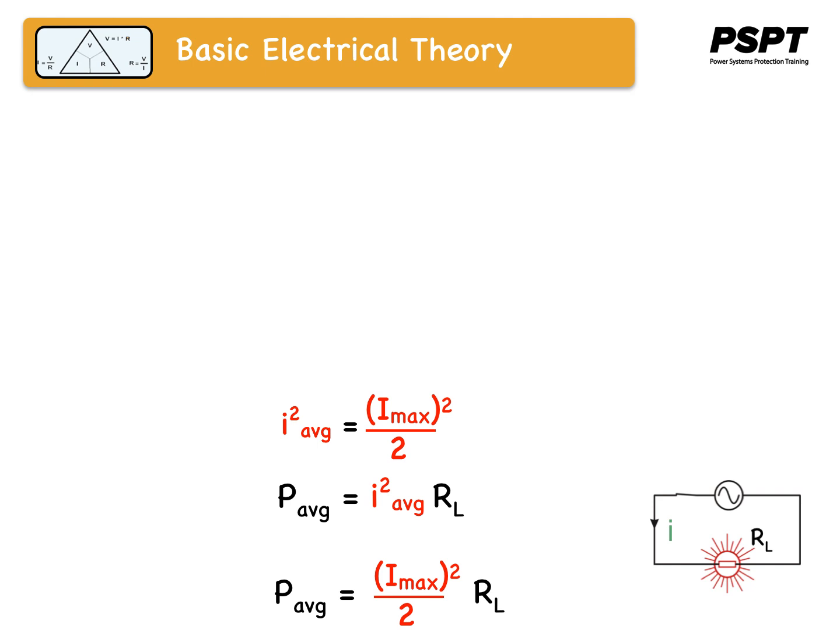Going back to the equation for the current average, the I squared average is actually the mean average squared current.